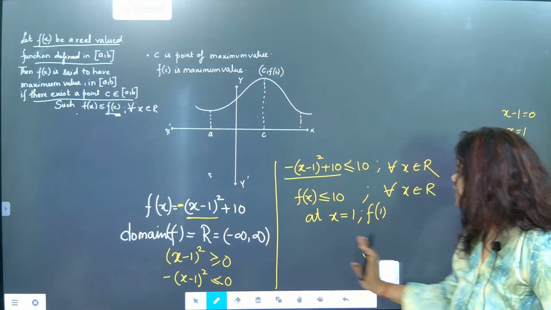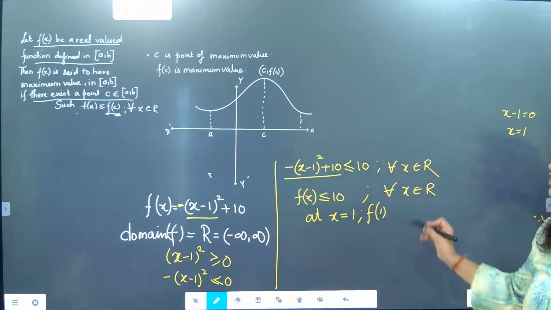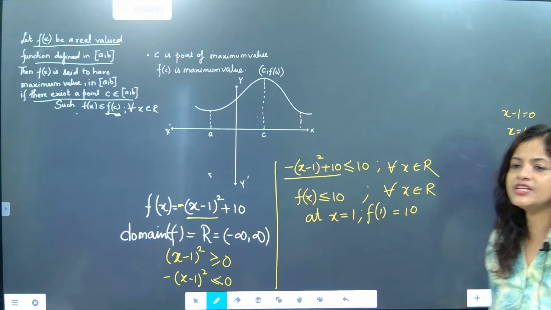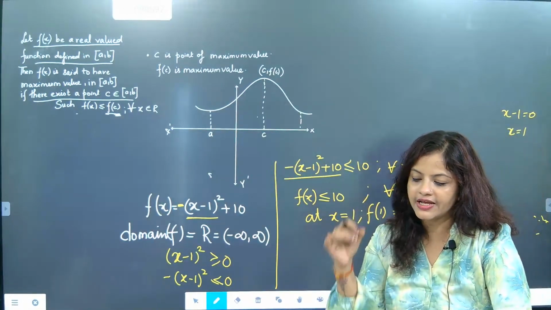Understood? So now look here, beta. The moment you put x equal to 1, f of 1 is giving you what, beta? 10. F of 1 is giving you 10. And 10 is the value.